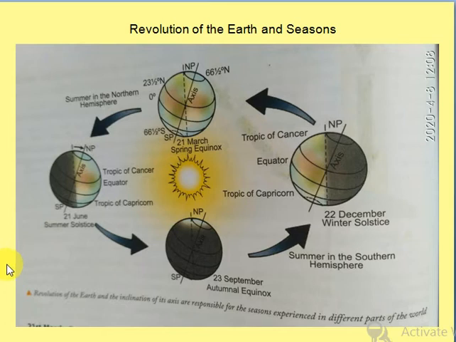Since a large portion of the northern hemisphere is getting light from the sun, it is summer in the region north of the equator. The longest day and the shortest night at these places occur on 21st June.